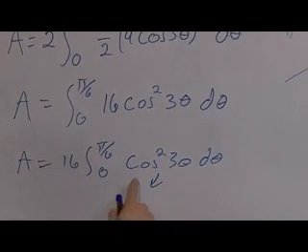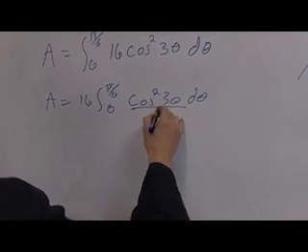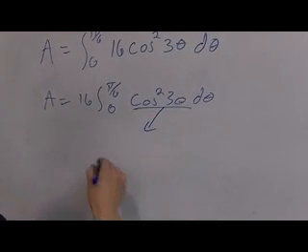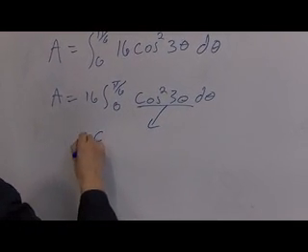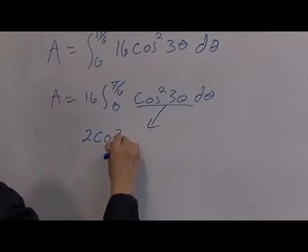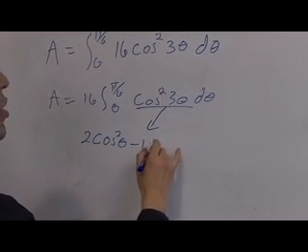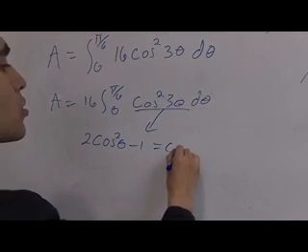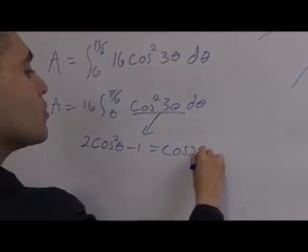And for this, we're going to apply the half-angle identity, which originally is 2 cos squared theta minus 1 equal to cos 2 theta.